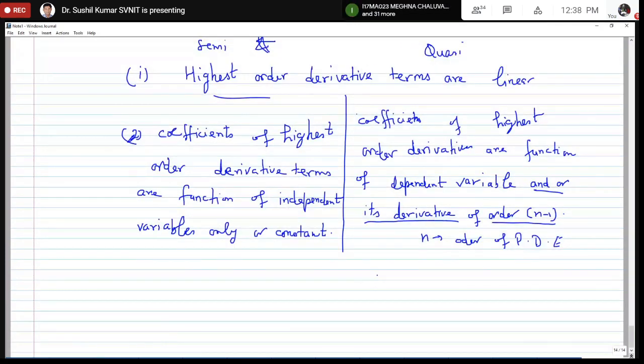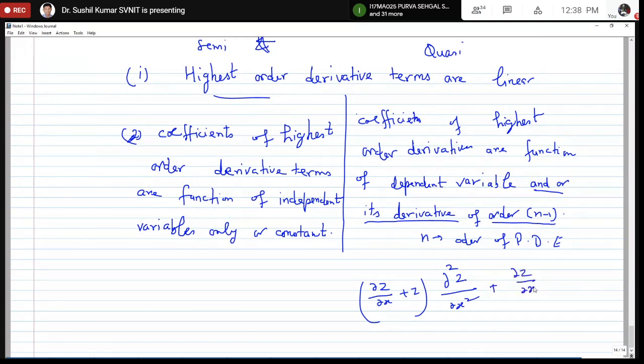So why do I require this change? Let me write one equation: del z over del x plus z into del 2 z over del x square plus, let's say, other part is del z over del x plus z equal to, let's say, 0.